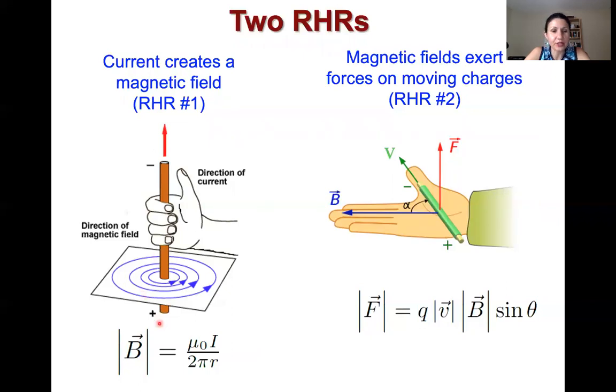So when you have charges that are moving, in this case you have current going up, you use this first right-hand rule where you put your thumb in the direction of the current, and how your fingers curl defines the direction of the magnetic field. Now the magnitude of that is given by this equation, so it's proportional to the current and inversely proportional to the distance away from that wire.